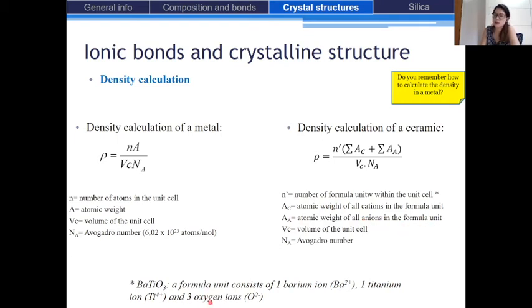In that case, we have the oxygen anions, 3 oxygen anions in this formula. Then we divide by the volume of the unit cell and the Avogadro number in the same way that we did for metals. Applying this equation, we are able to know the density of the ceramic.